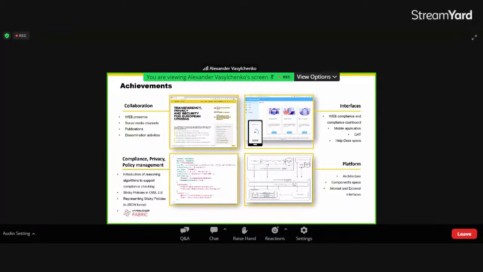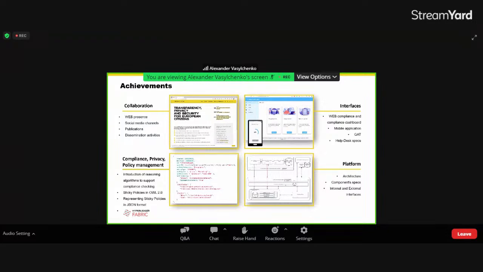And we also have a mobile application for citizens in the form of wallet ID. And on the website portal, we also have a help desk, which allows citizens to reach a gamification assessment tool where they can train their skills on cybersecurity.